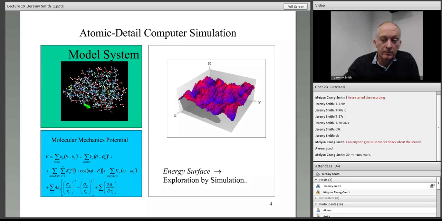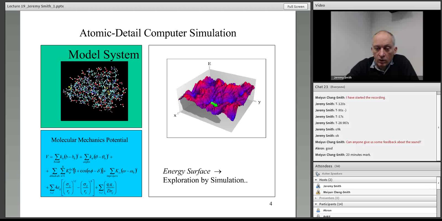So it's a many-dimensional potential function, and in these many dimensions, one can define an energy surface here, with minima, and barriers, and mountain ranges, and cols, and passes. And exploring that is what we do with computer simulation.